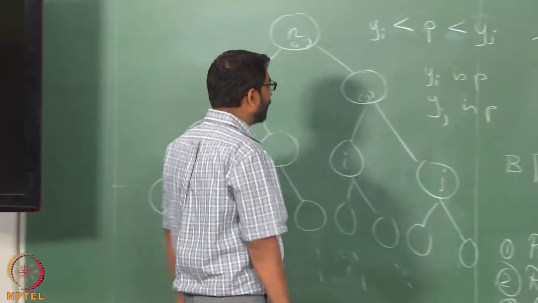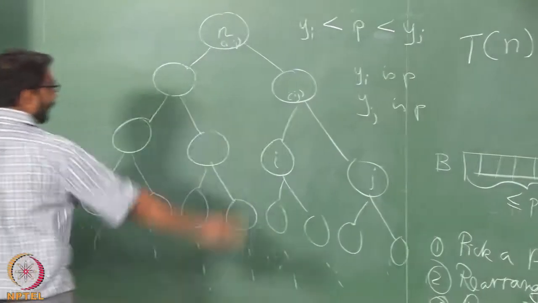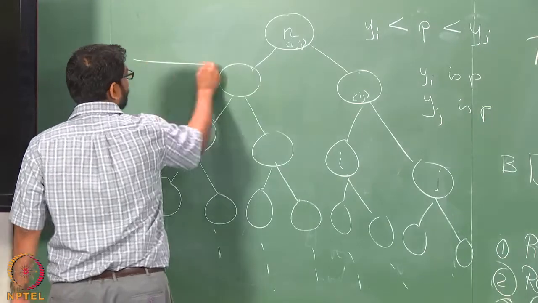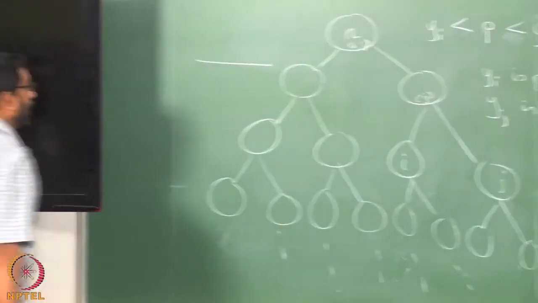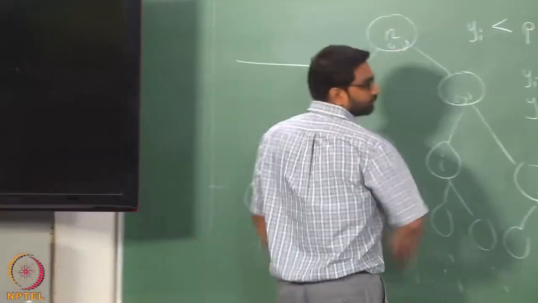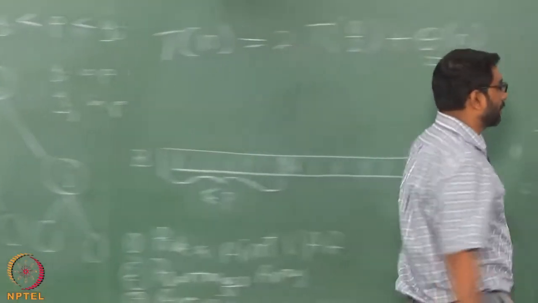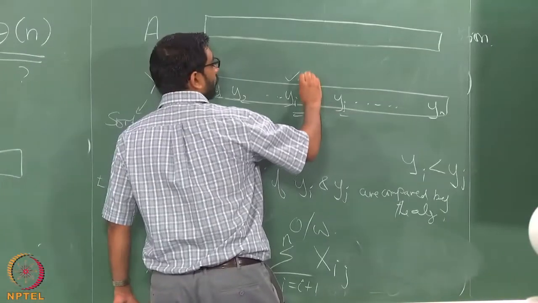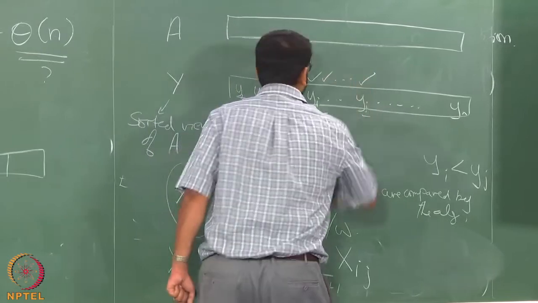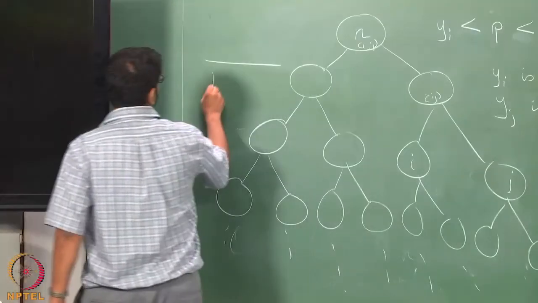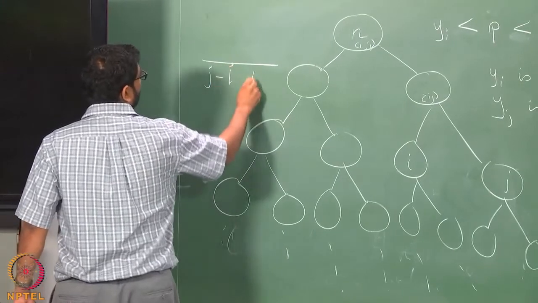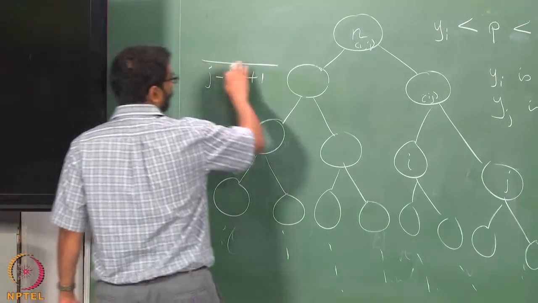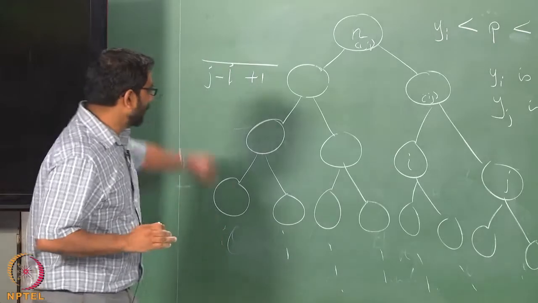And what is the probability of that happening? Well, how many elements are there between Yi and Yj? In this picture, it is Yi, Yi plus 1 and so on up to Yj. So there are j minus i plus 1 possible elements in that range.